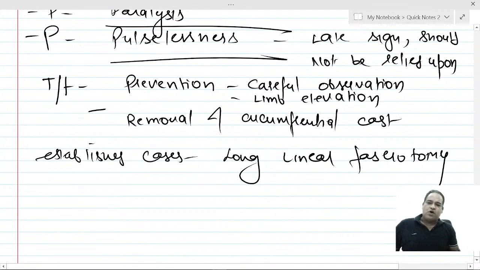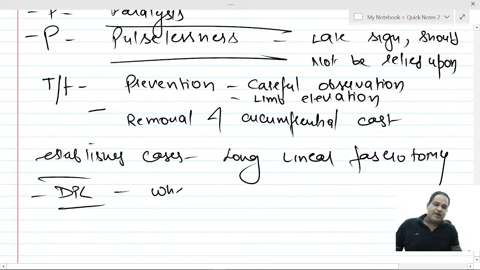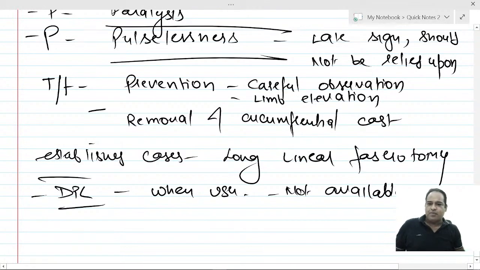We still perform DPL, diagnostic peritoneal lavage, when ultrasound is not available.